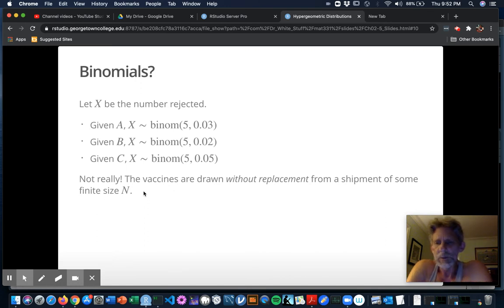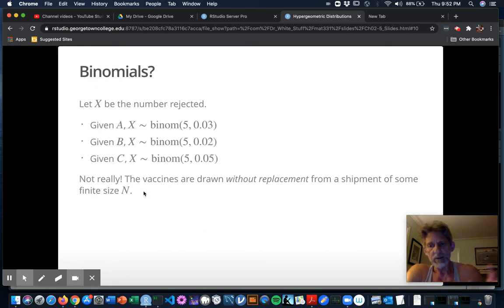But really, the number of ineffective vials in the 5 that you test is not actually a binomial random variable, because it's not really built on 5 independent Bernoulli trials.